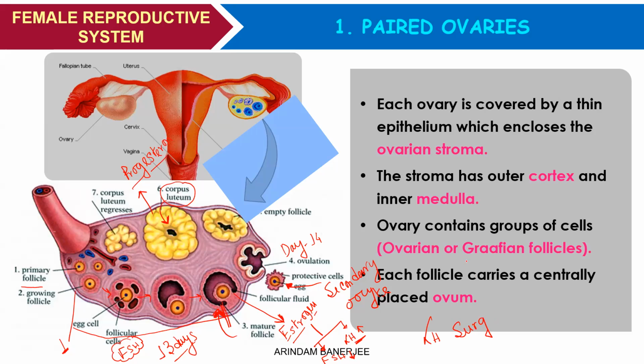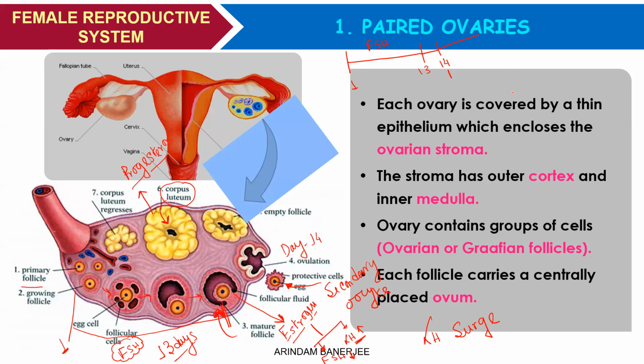So what I told you is that from day 1 to day 13, ovarian follicular development takes place, and that is by the FSH hormone. On day 14, ovulation takes place, so the Graafian follicle ruptures. At this time, on day 14, the estrogen level was high, and estrogen has two functions.